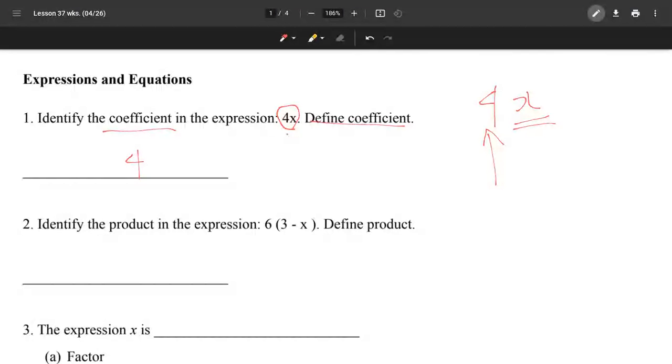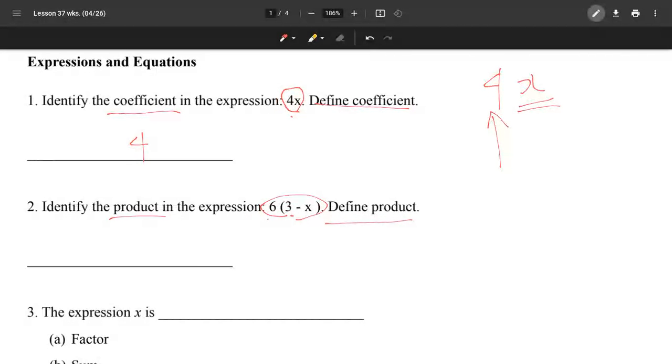Okay, number two, identify the product in the expression 6 times 3 minus x and define what product is. Again, let's first define product. Product is a result in multiplication, right? And so the product in the expression 6 times 3 minus x is just 6 times 3 minus x, whatever that is, right?